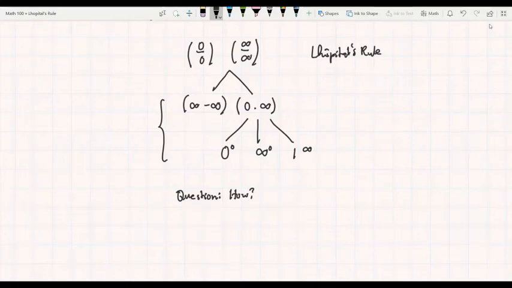And when we have already done that, we will now be able to utilize L'Hopital's rule. So that is our general strategy for today. So for the other indeterminate forms, we will try to express it in either of these two forms and then apply L'Hopital's rule.